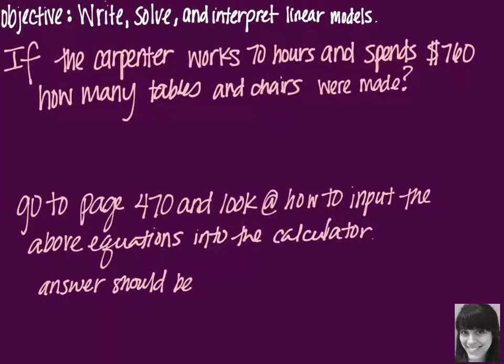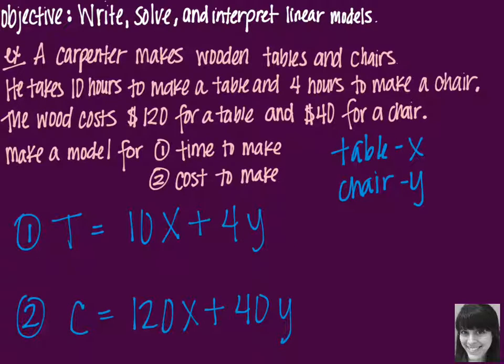Okay, so the next one says if the carpenter works 70 hours, so that's time, and spends $760, that's cost, how many tables and chairs were made? So here, this model, I have 3 unknowns. This model, number 2, I have 3 unknowns, right? However many unknowns you have, that's how many equations you have to have.